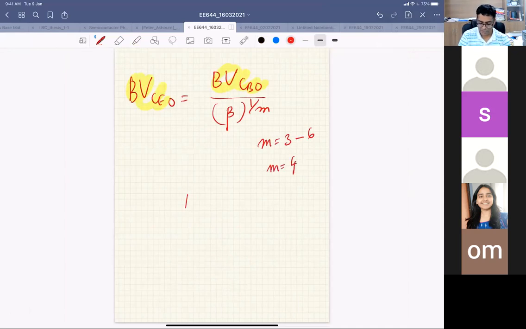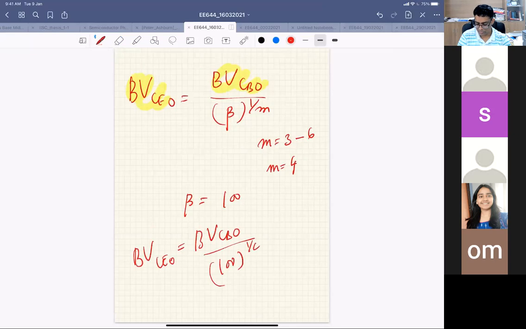If your beta is 100, so your BVCEO will be BVCBO divided by 100 to the power one-fourth, so this will be root over 10, which is around 3. So this will be BVCBO by almost 3, or 3.3 or something, right?